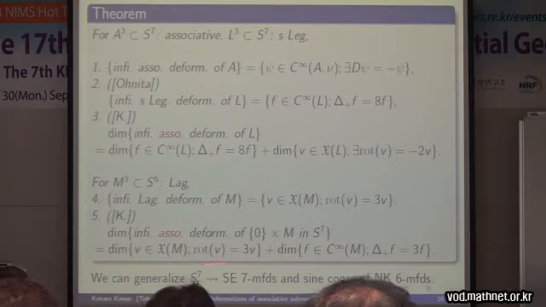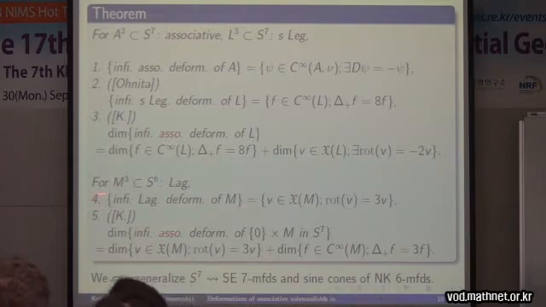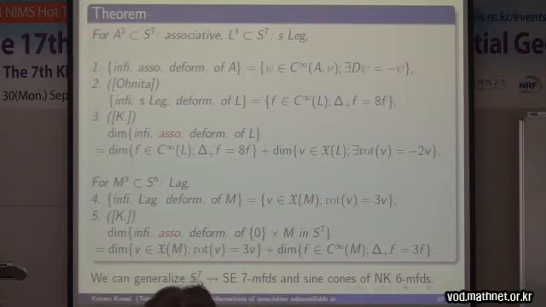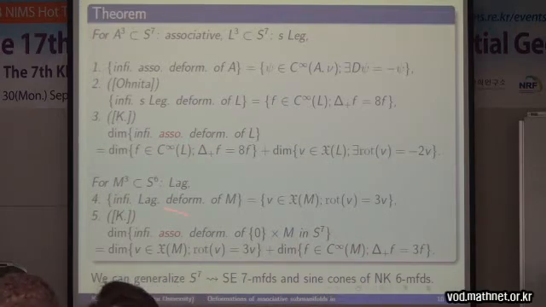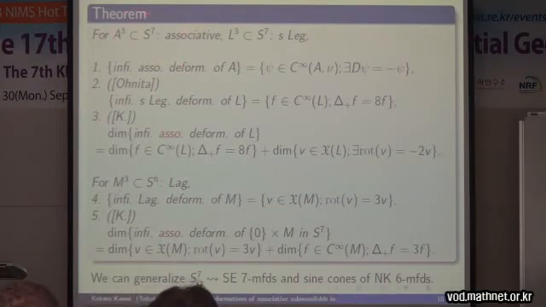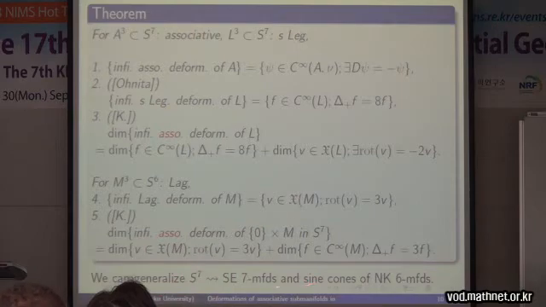The first term is the dimension of the infinitesimal Lagrangian deformation of M. So the difference between Lagrangian submanifolds and associative submanifolds is given by this term, the 3 eigenspaces of the Laplacian on M. So first we obtained this theorem. Here we assume that the ambient space is S^7, but we can generalize it to Sasaki-Einstein manifolds or sine cones of nearly Kähler manifolds.